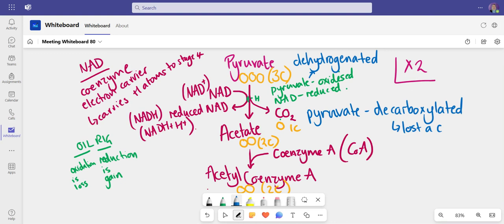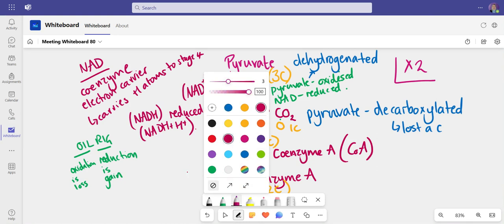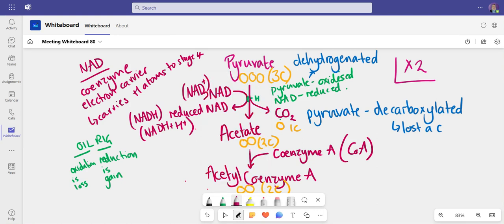So for each pyruvate that we have, we make 2 NADs. So here, sorry, I'm going to add that in then. Where I've put NAD there, there's 2 NADs, and then they get made into 2 reduced NADs. When we said it was giving hydrogen, we could say it's giving 2 hydrogen, okay, just to make sure you've got your numbers right.